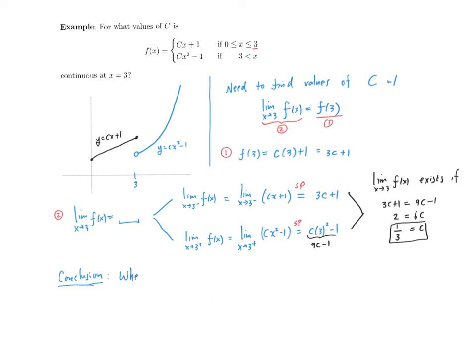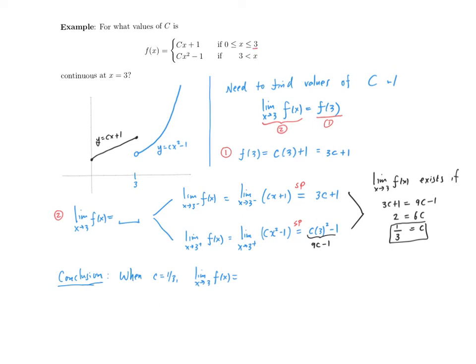So what we've observed is that when c is equal to 1/3, the limit as x approaches 3 of f of x exists. And it's equal to either 3 times c plus 1, when c is 1/3, or c times 9 minus 1.